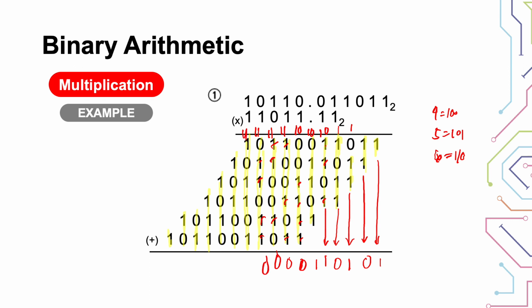And then this is 1, 2, 3, 4, 5, 6, 7. So 7 is 1, 1, 1, 2, 3, 4, 5. So 5, 0, 1, 0, 2, 3, 4. So 0, 1, 0.